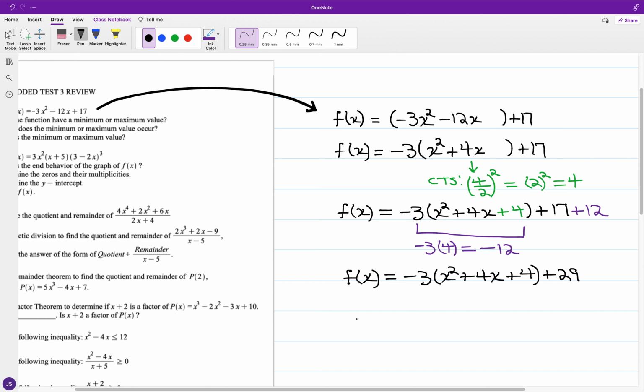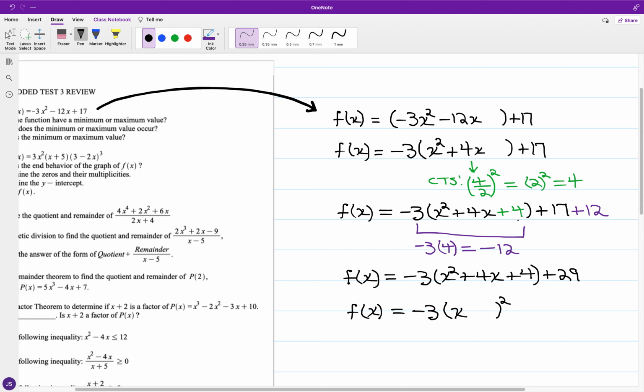Now I'm looking at converting this squared trinomial in terms of the binomial that it is the perfect square of. So for f of x, we have negative 3 times the quantity x squared plus 4x plus 4, a squared trinomial. And x squared is the square of x.